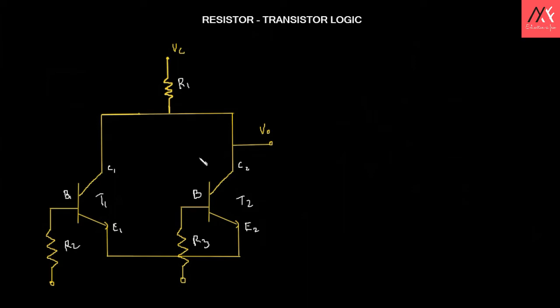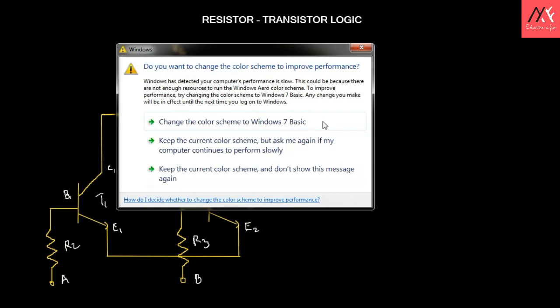Here you can see the bases B1 and B2, connected to two resistors, which can be used for triggering the bases. Usually we don't trigger the bases, we just power them. We can name this input A and this one B.